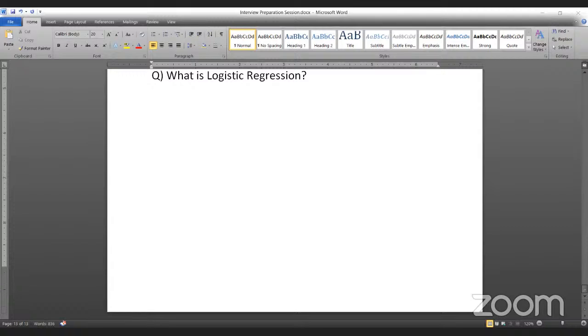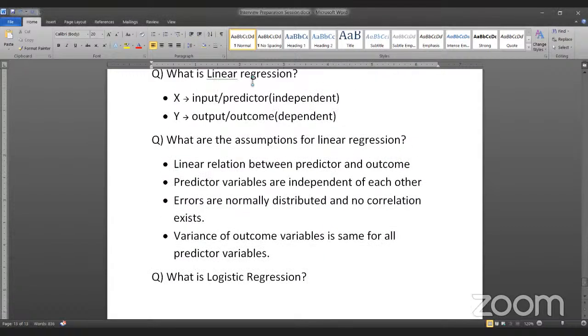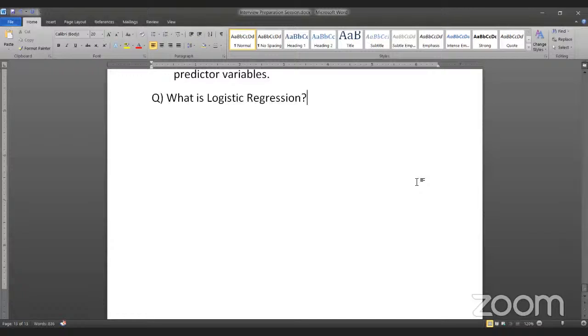As we know, linear regression comes under regression in supervised learning. Logistic regression, on the other hand, comes under classification. This is a classification problem under supervised learning.